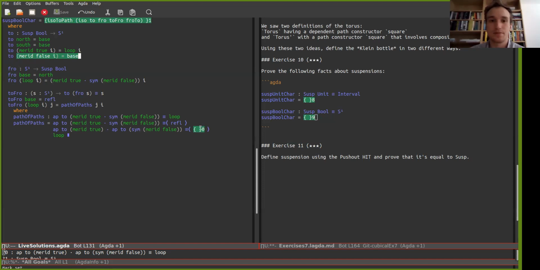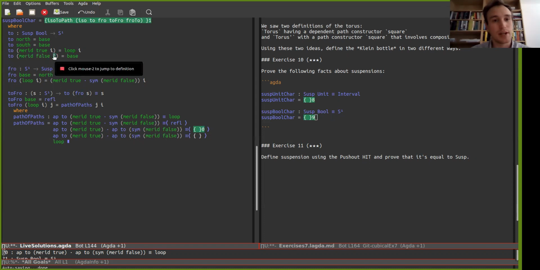The next part here is that 2 of mirrored false of I is always base, right?